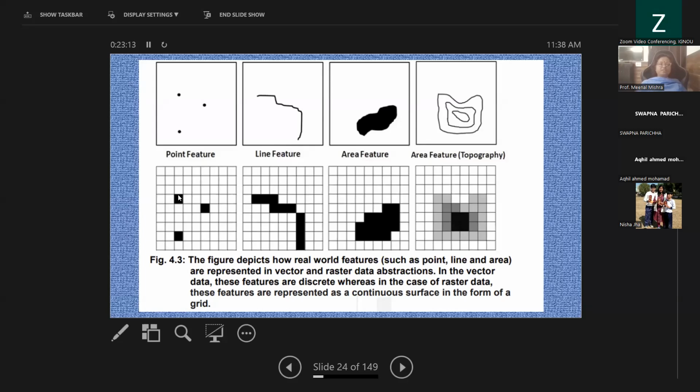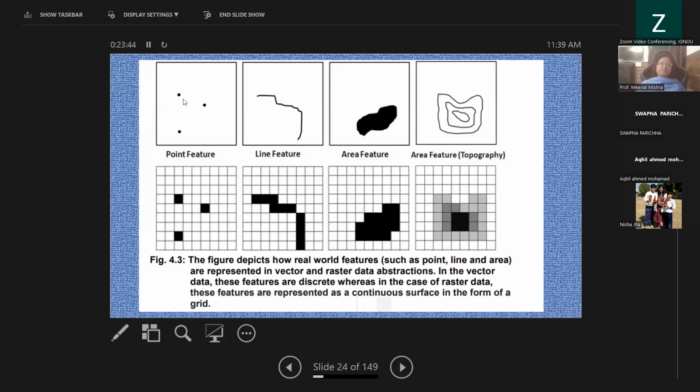One grid gives you a point. Then these connected grids tell you about the line. And these joined grids tell you about an area, and then elevation or topography can also be represented in this raster, in the form of grid.